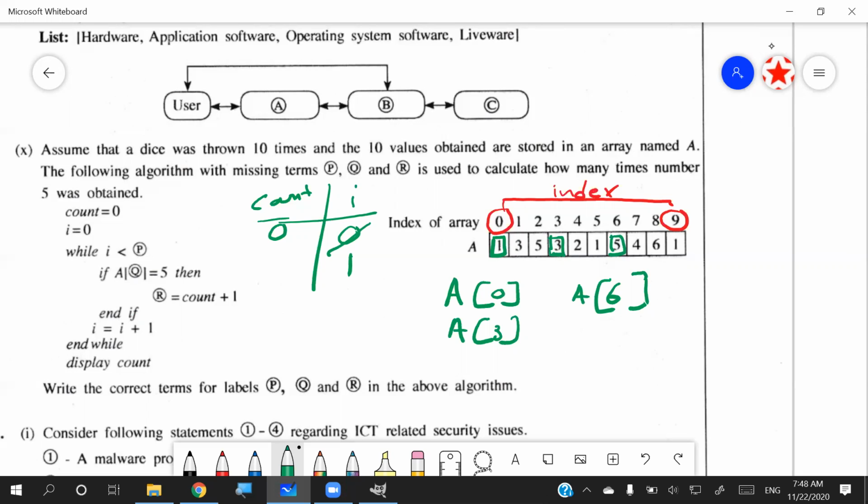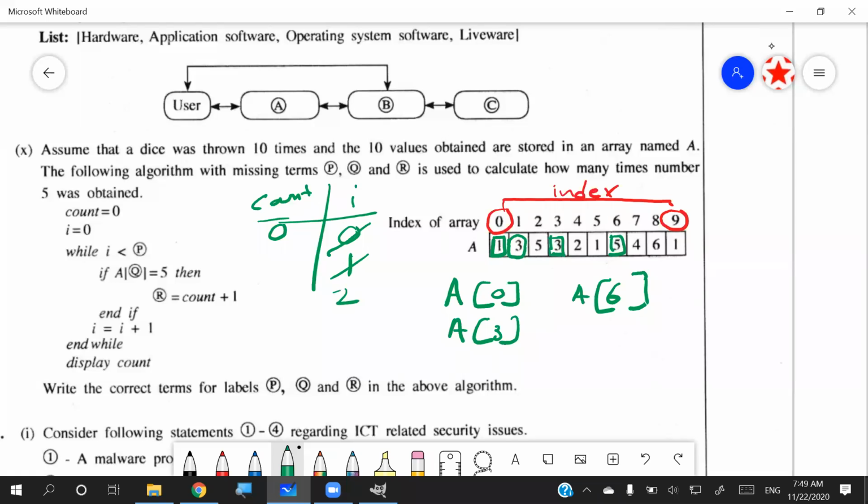So then it will read the second index, right? The A1 thing. So is A1 equal to 5? No, it is not. It is 3. So it is not going into the counting part, but I will be increased by 1.